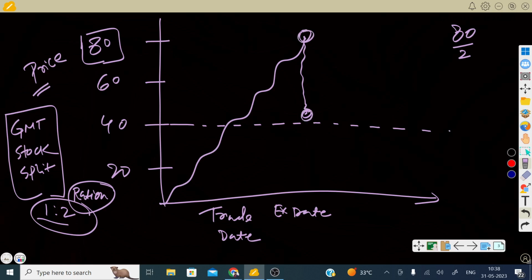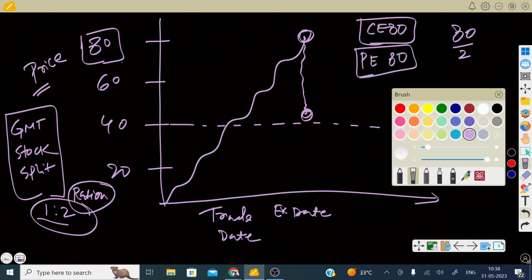So now your question would be, how will this affect the stock option? Let's say there is one counterparty who signed this contract at 80, CE 80 and PE 80. The calculation is very interesting.